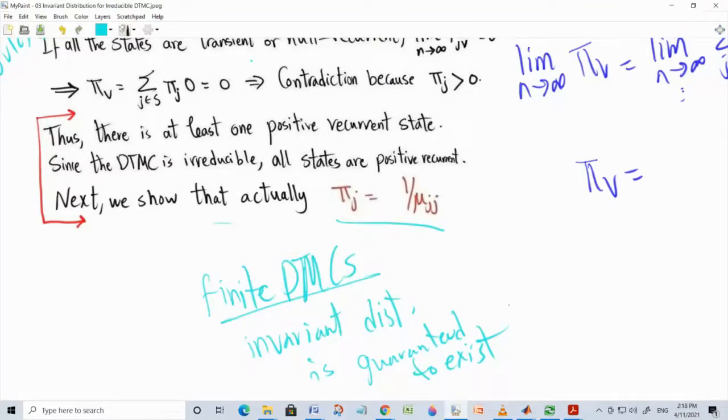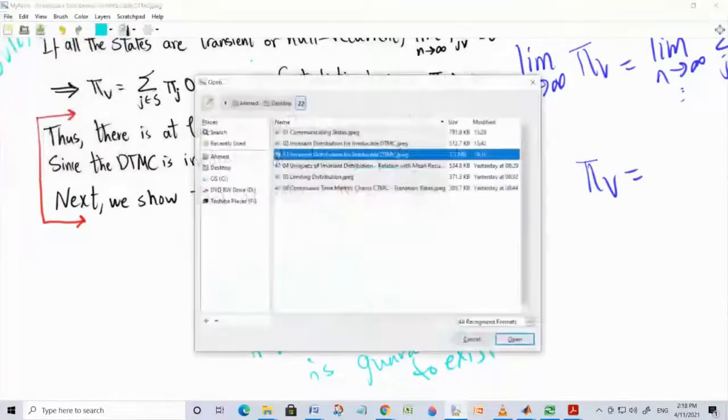We constructed, using the psi function, a stationary distribution, and we want now to relate the stationary distribution to the reciprocals of the mean recurrence time. Actually, we want to show that these two quantities are the same. Any questions?